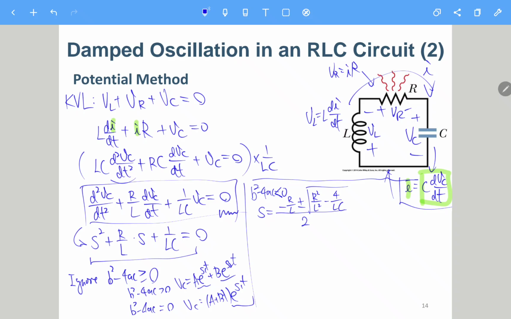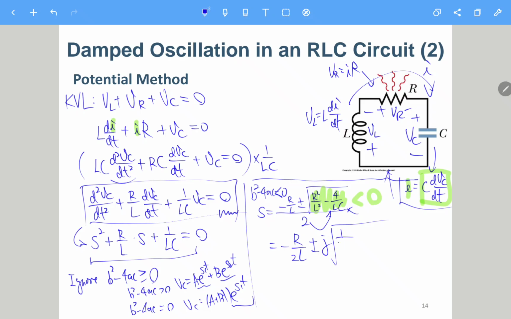And here we assume this part is negative. So we can write it as negative R over 2L and then plus or minus. We just flip it and make it a j here, and we also put this 2 inside. If we put the 2 inside the square root, it becomes 4.